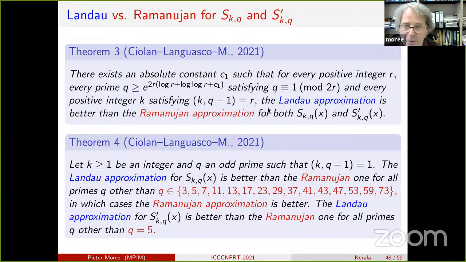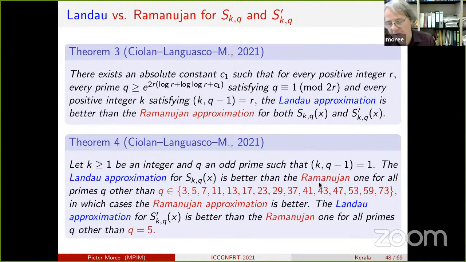Another result is doing the Landau versus Ramanujan game, and the answer is that for a fixed number r, if you look at the kth sum of divisors function, and you look at non-divisibility by q, and we look at all these k and q for which this holds, then if q is large enough, the Landau approximation will win.